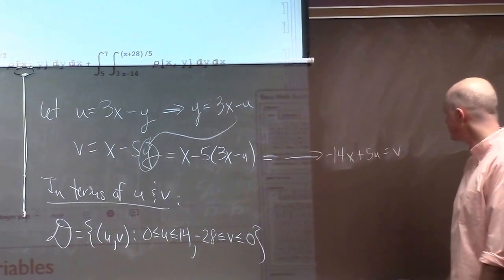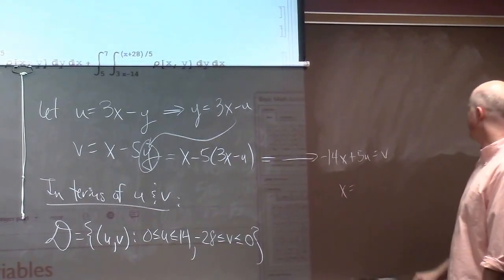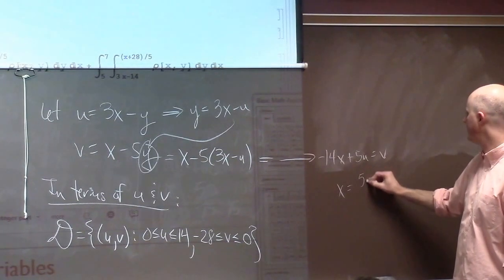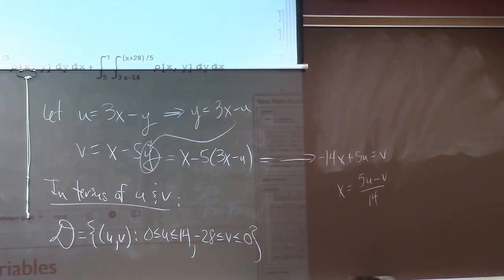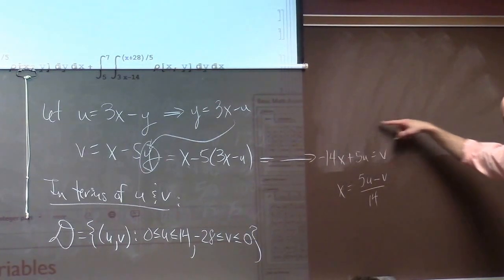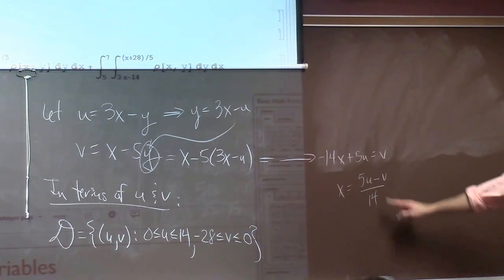Solve that for x. When you do that in your head, x is going to equal (5u minus v) over 14, it looks like to me. Swing the negative 14x to the right as a positive 14x, subtract v, and then divide by 14.